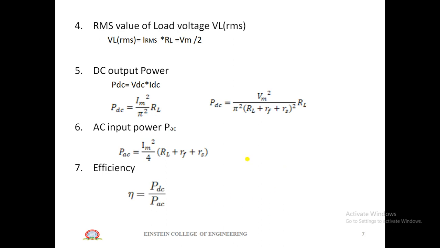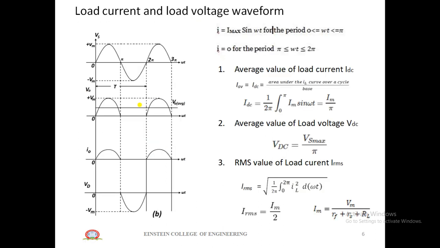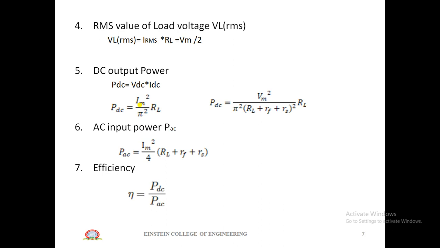We can also substitute the Im value, Im is equal to Vm by Rf plus Rs plus RL. By substituting that value, we get this equation. And next is the AC input power. That equation is Im square by 4 into RL plus RF plus RS.